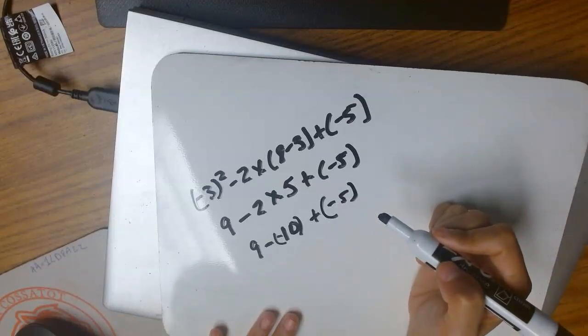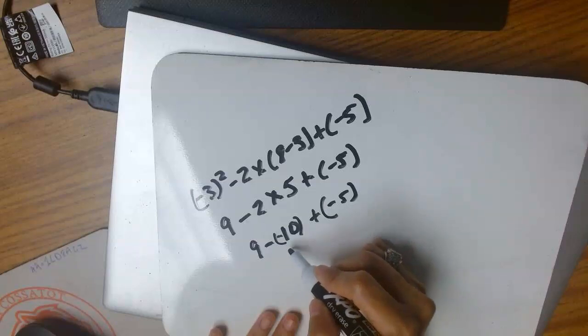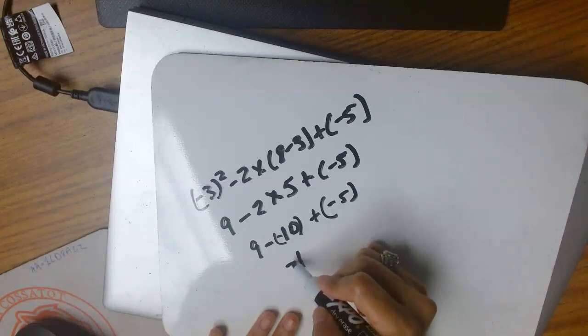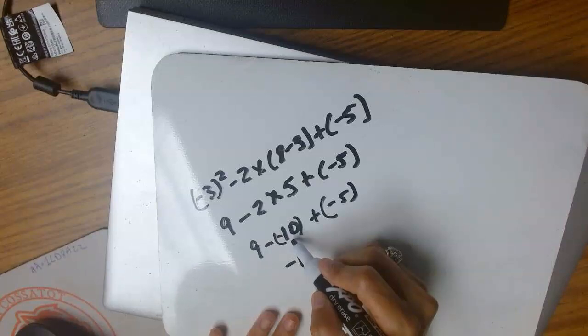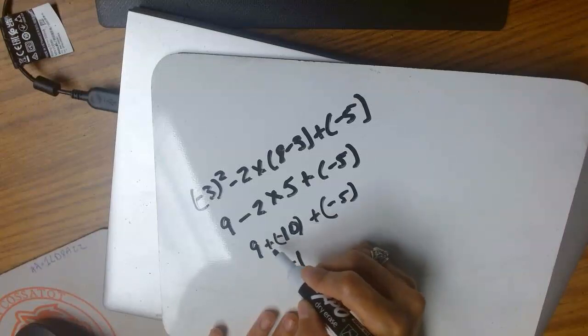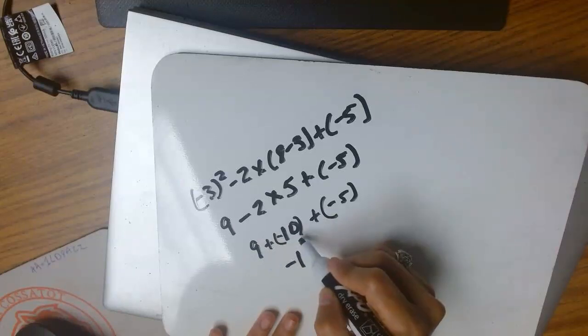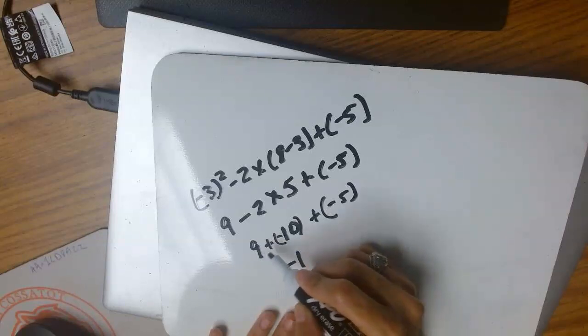At this point, we're going to say 9 minus 10 equals -1. It's a negative because the bigger number is a negative. What we're doing is 9 plus -10, and when the numbers have different signs, we're going to subtract.